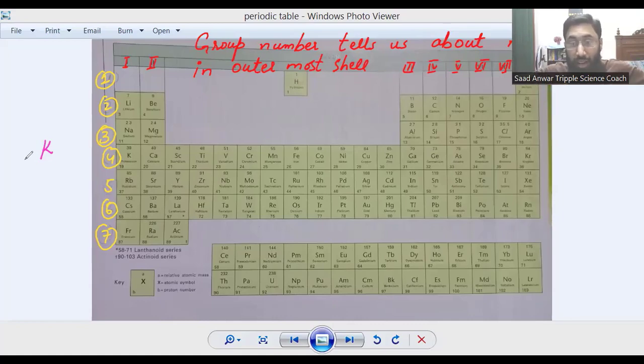This really takes time. And I am going to share with you a trick. Within seconds, you will be able to answer such a question, how many electrons an atom can have in its outermost shell.